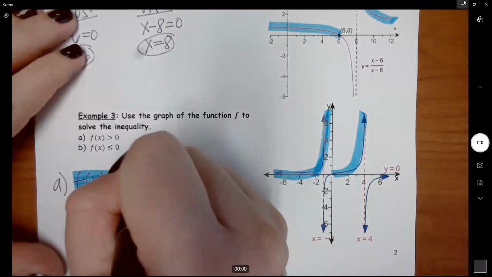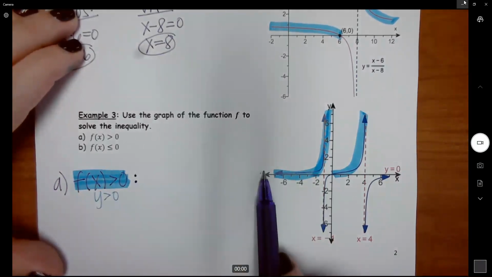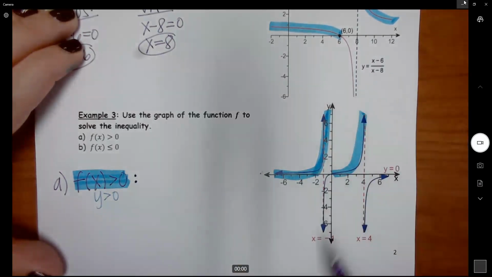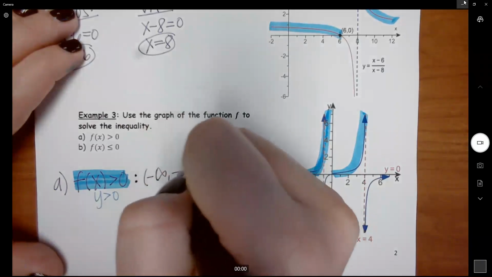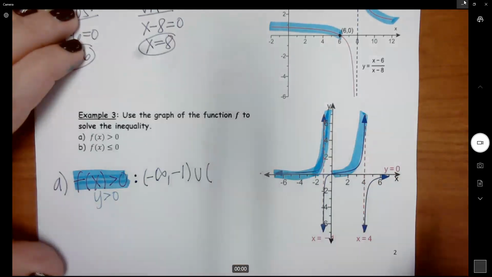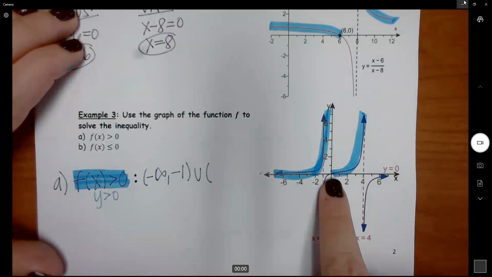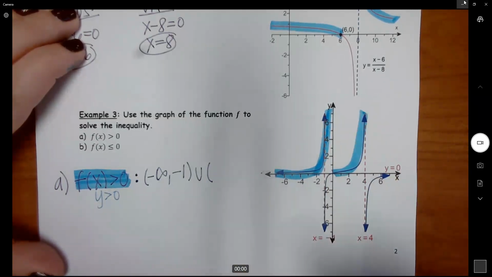So when is f of x or y greater than 0? This is negative infinity, and then it's approaching this asymptote here at -1. I have two portions here, so we'll connect it with the union. And then we go from 0 to, it's approaching an asymptote again, at 4.